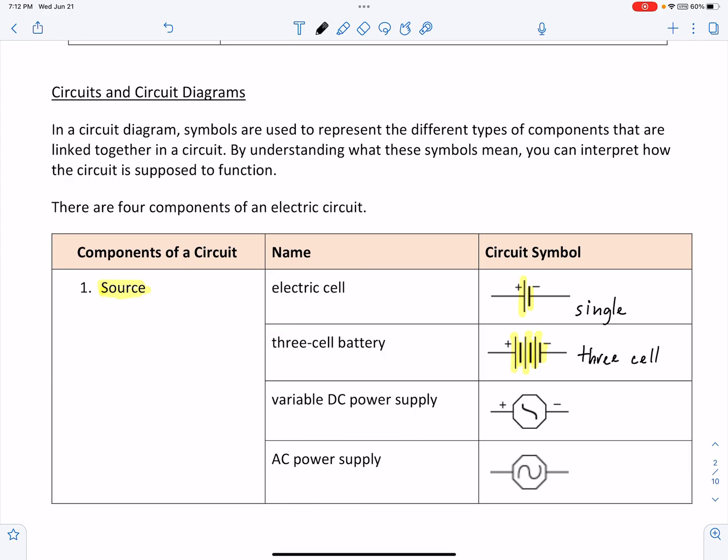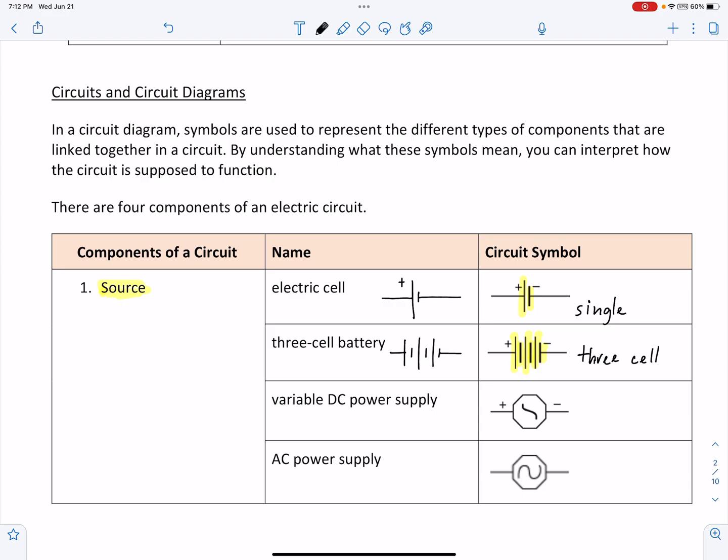So a cell is drawn like this, with the large end being the positive terminal and the small end being the negative terminal. And these straight lines that I've drawn are the wires. A 3-cell battery would simply be 1, 2, 3 cells together, then connected.